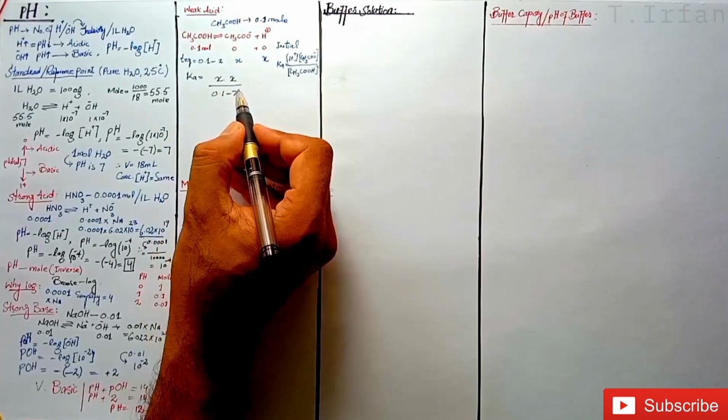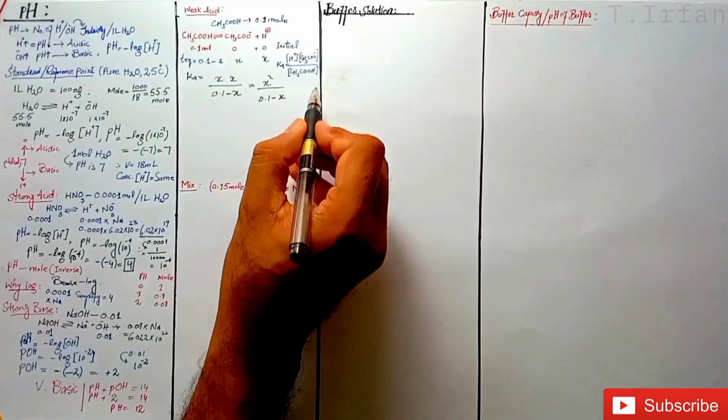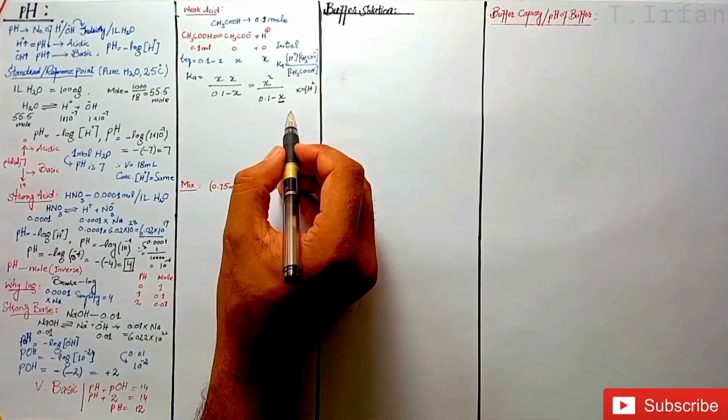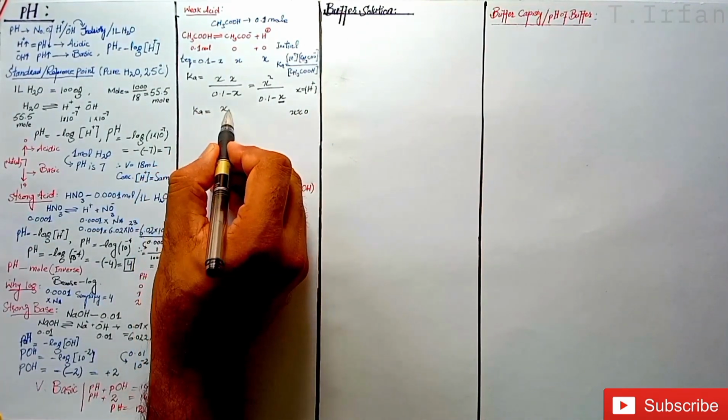Ionization constant of acid is the ratio of concentration of product and concentration of reactant at the time of equilibrium. Here the value of X is very small because a very small amount of acetic acid dissociates.